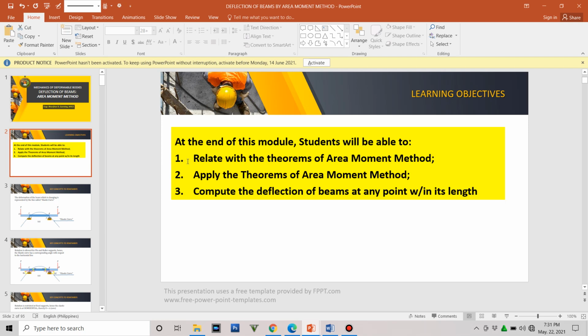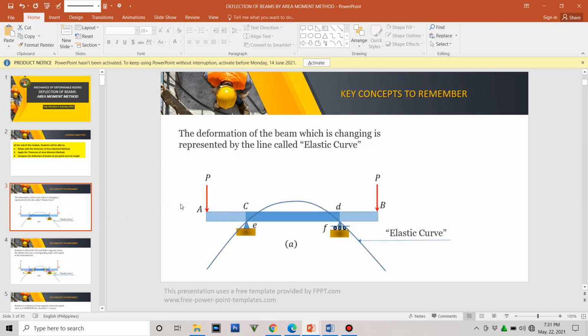So today, you are going to appreciate the learnings you have from your recent lessons on the moment diagram by parts. So before we go into the theorem, let us have these key concepts to remember.